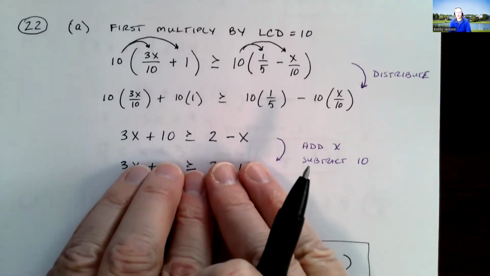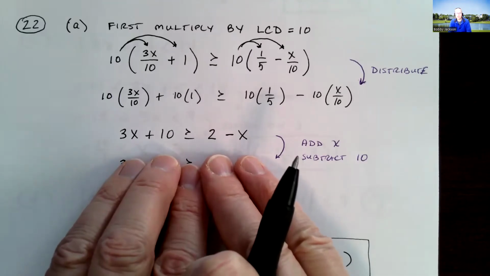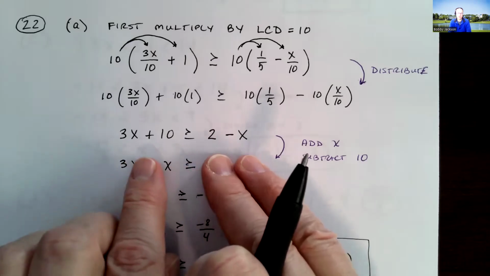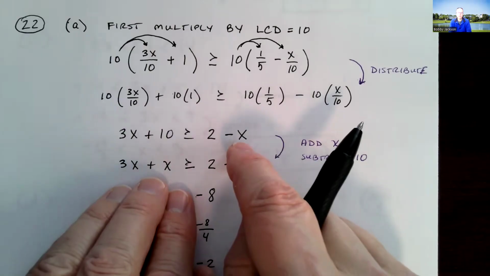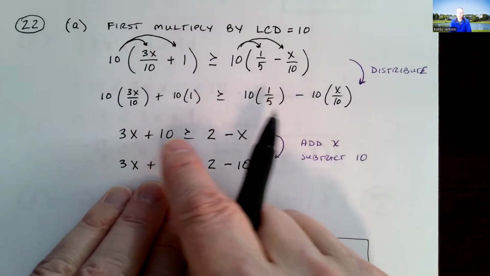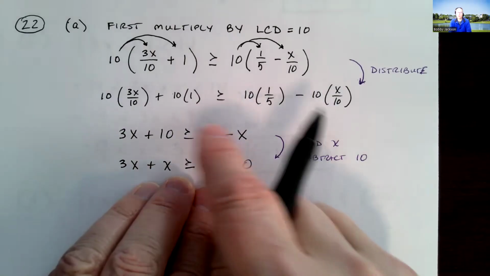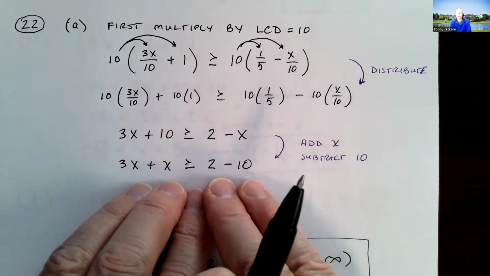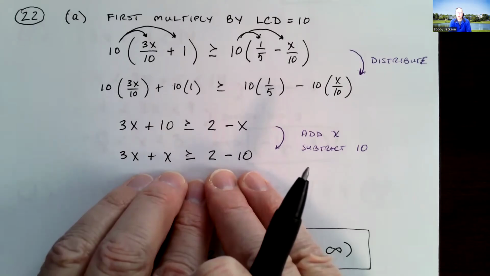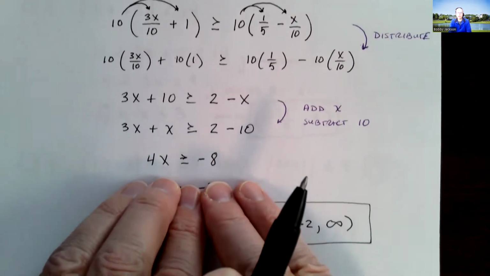So now I've got rid of all those fractions, and this is much easier, right? So what can I do? I want to get all my x's on one side. And typically with inequalities, we like to do it on the left side if we can. So I'm going to add x to both sides and subtract 10 from both sides. So I get here. Now combine like terms. 3x plus x is 4x. 2 minus 10 is -8.